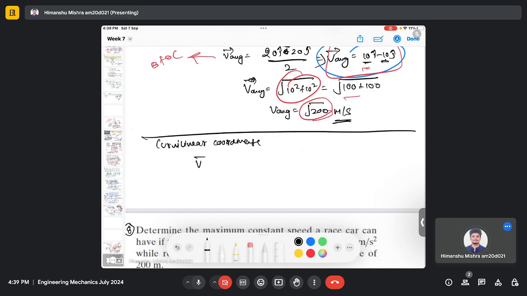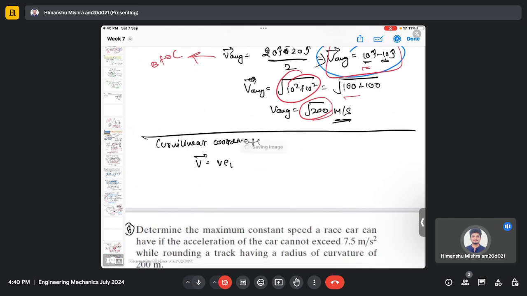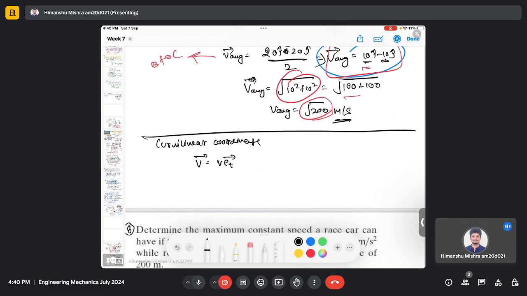Right, so my velocity can be given along the tangential direction like this, and the magnitude is r theta dot in the tangential direction, and my acceleration vector can be given as, this is in the tangential direction.